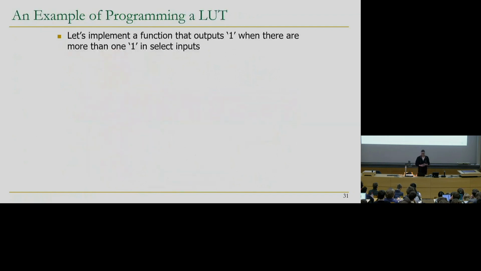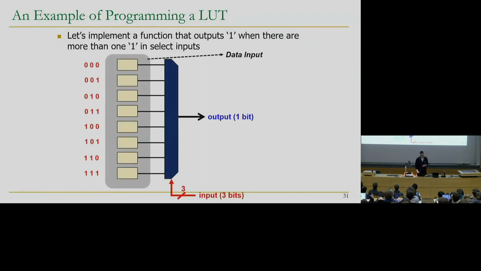Okay, so here's an example of programming the LUT. Let's implement a function that outputs 1 when there are more than 1 ones in the input, right? So here, those are basically the addresses for those yellow boxes.